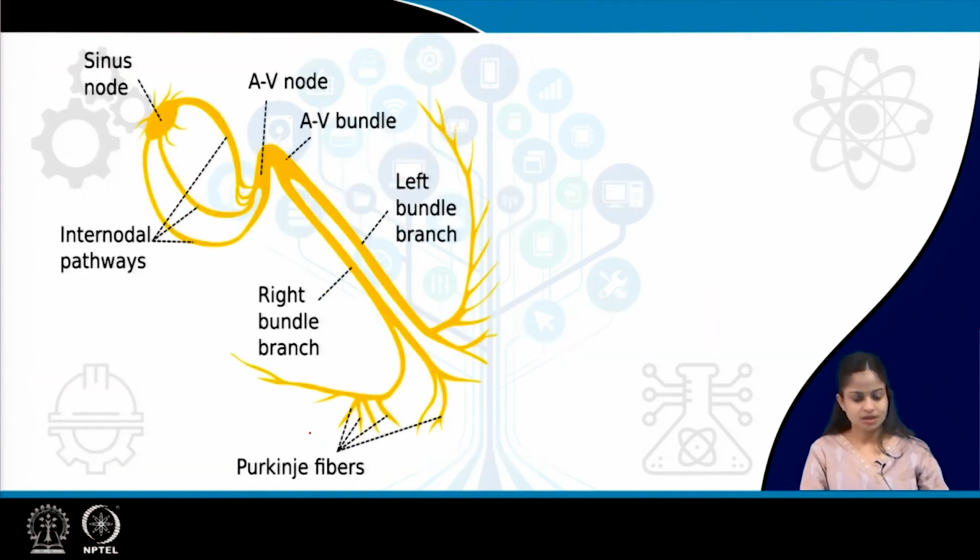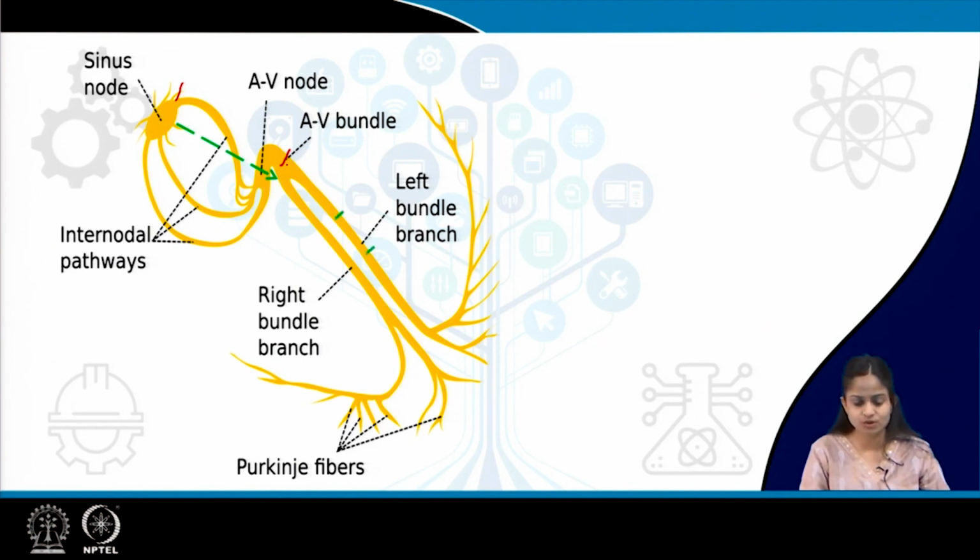So, coming to the conduction, the direction of the conduction in the heart. The first, as I already told you, is the SA node to the AV node, directed from up towards the lower and left side, and this usually contributes to the atrial depolarization.